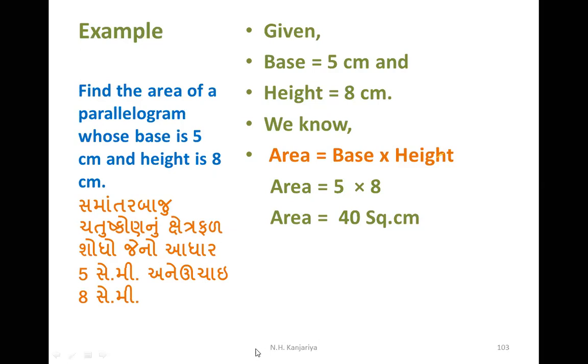Number 5. Number 6. Ma'am, present. Okay. Number 7. Yes, ma'am. Okay. Any student remaining in the electrical department? Then electrical department, you should leave.